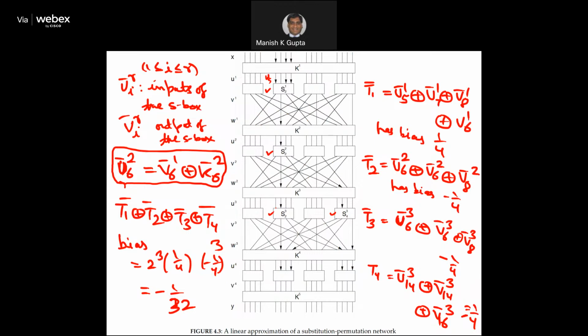U1 is the input to S21, so let's just focus on S21 here. What is this variable? U1 is round 1. Whenever there is a subscript, that means round 1. So round 1 and which bit?